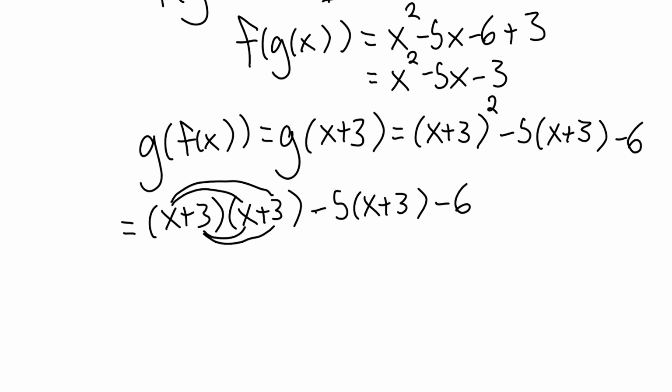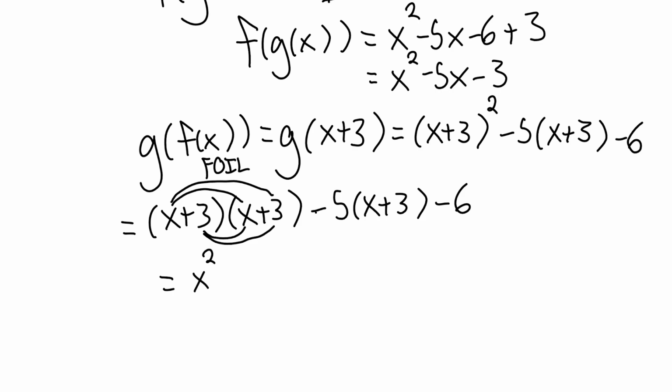Again, we're making sure that everything in the first term is multiplied by everything in the second term. There are two terms in both of these, so there are 4 total combinations, and we're keeping track of all of them. This is referred to as FOIL, so I'll just write this really small up here. Or you could just do it the long way and do the distributive property like we have been doing.